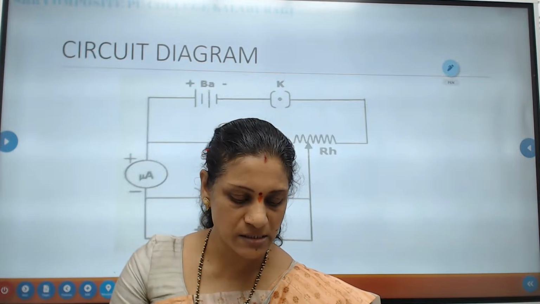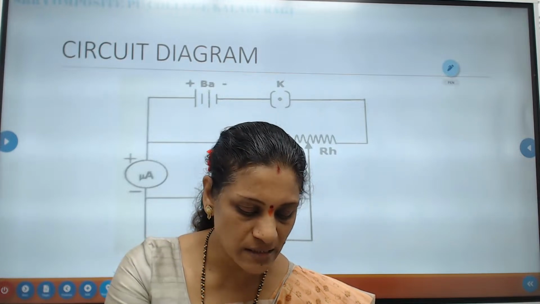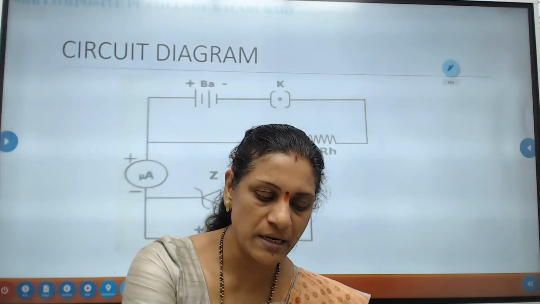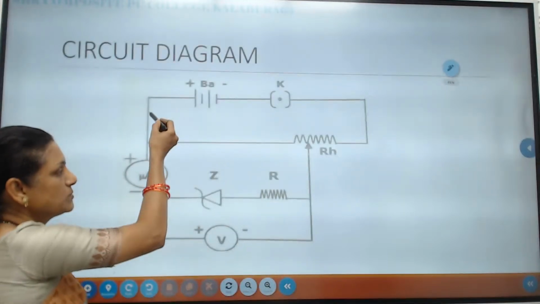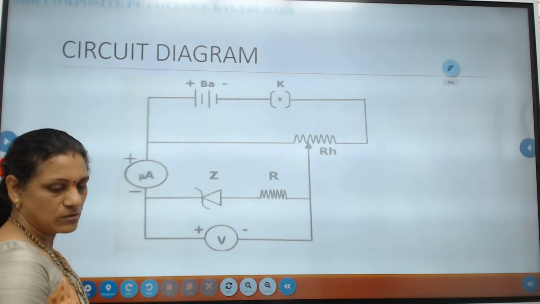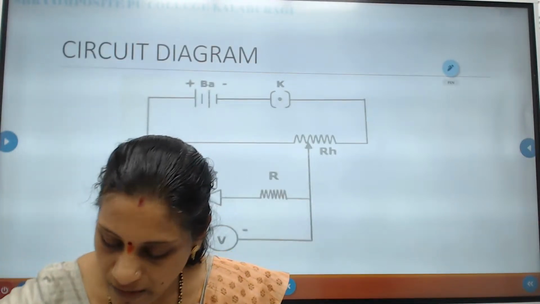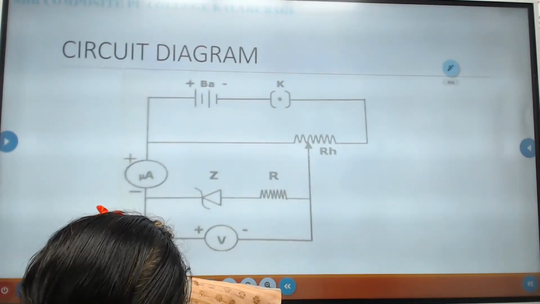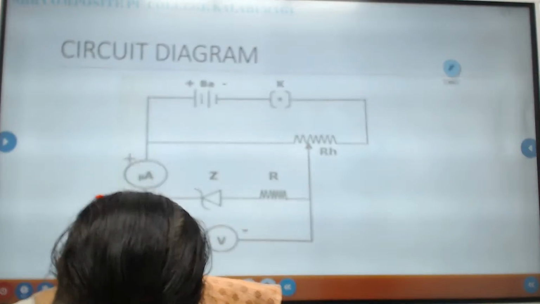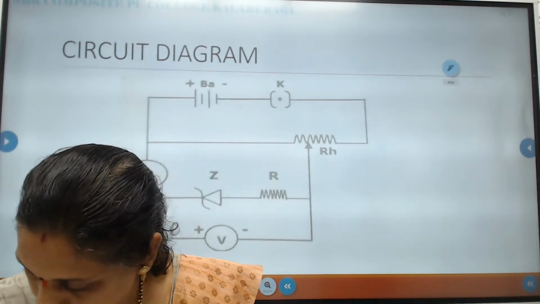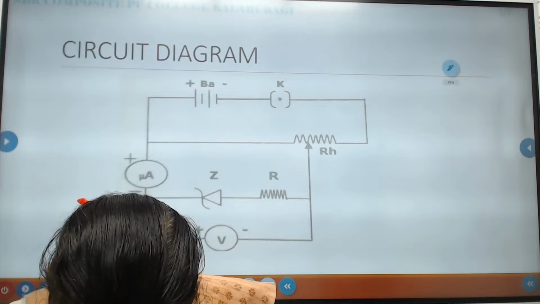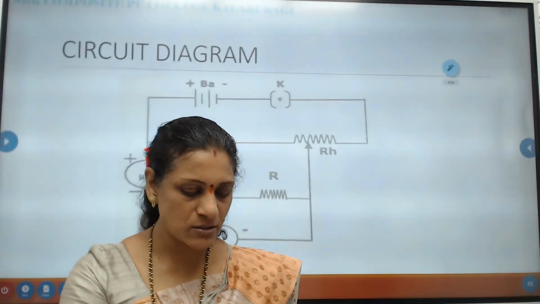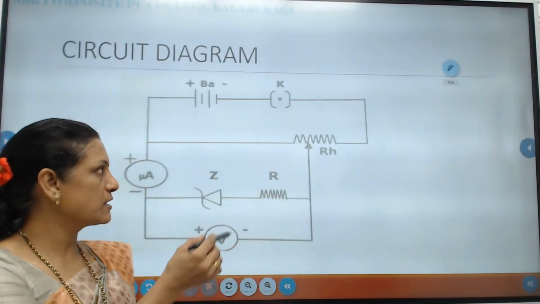There are three terminals. These two are the base terminals, and the upper one is the variable terminal. Then we need to connect the positive of the battery to the base of the rheostat. The red color is the positive terminal, and the black color is the negative terminal. This red color we connect to one of the base of the rheostat.